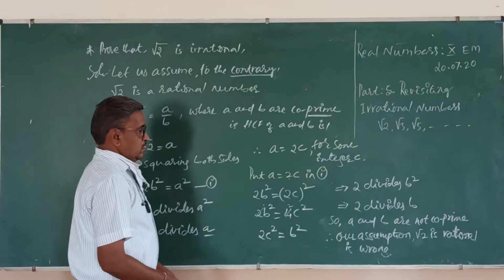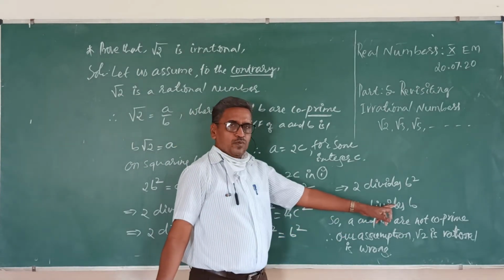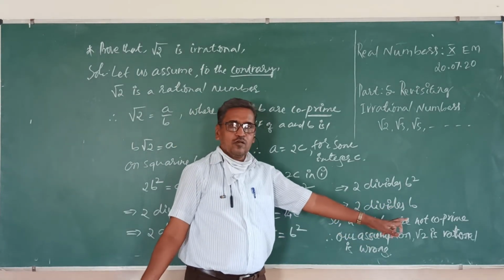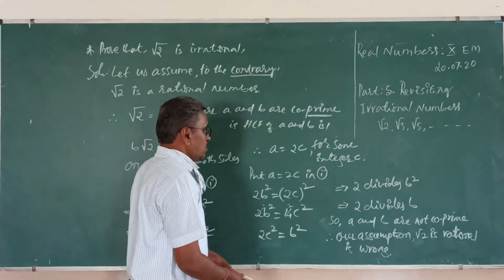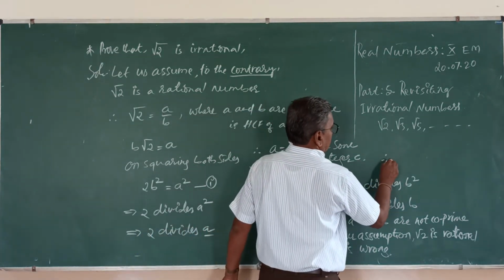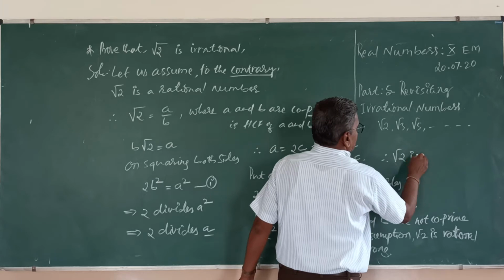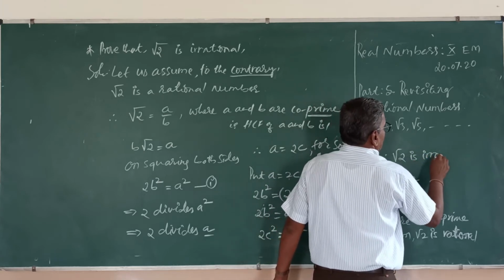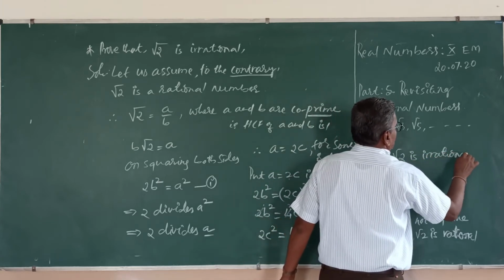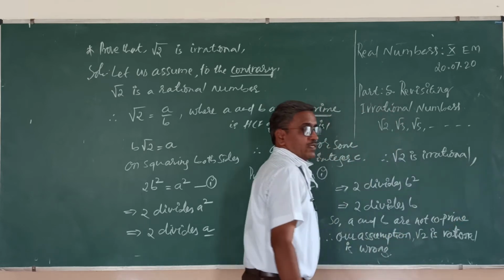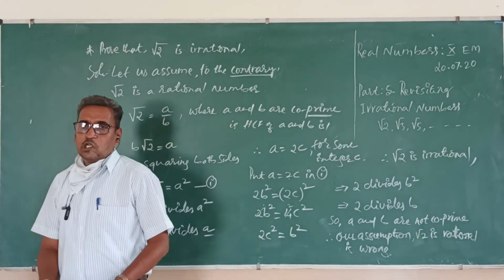Here a and b are not co-prime, so the assumption we have taken is wrong. Therefore root 2 is irrational, by the help of the theorem.